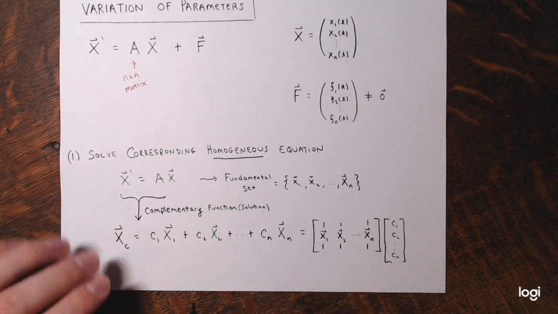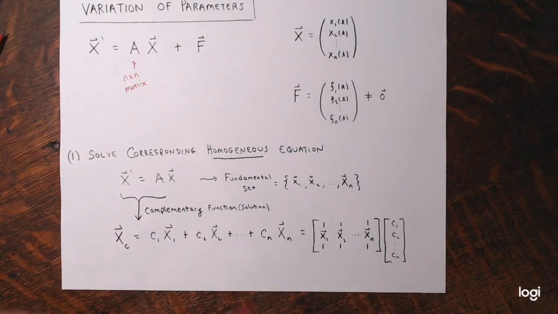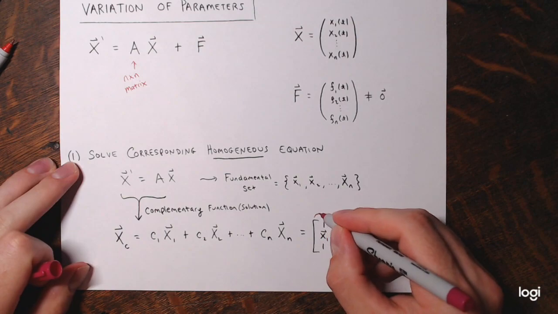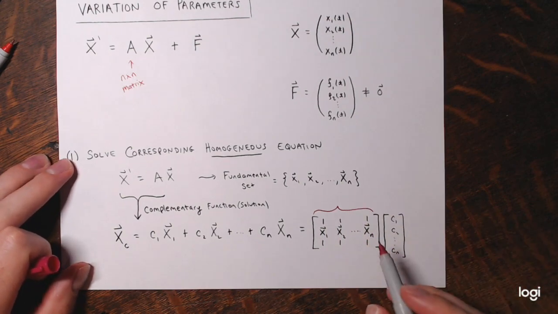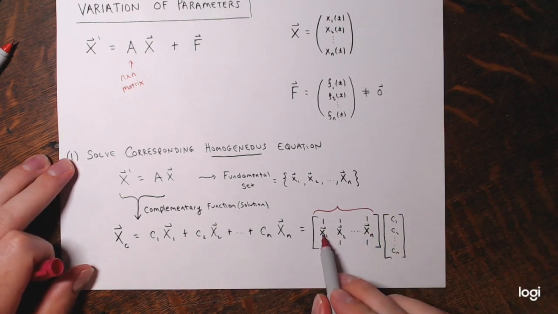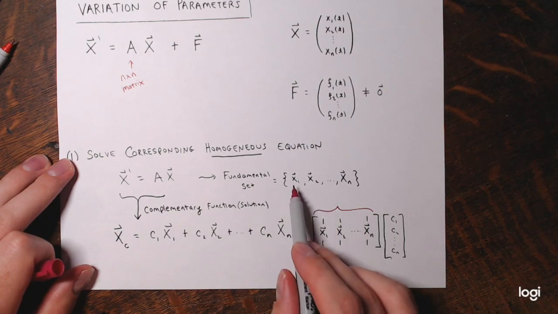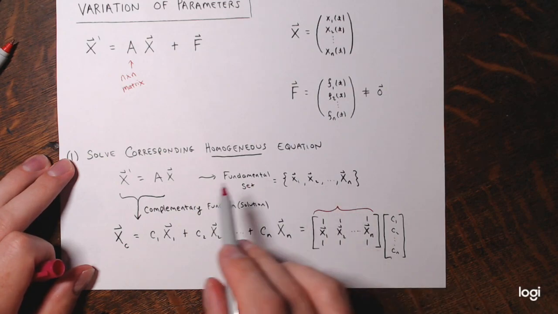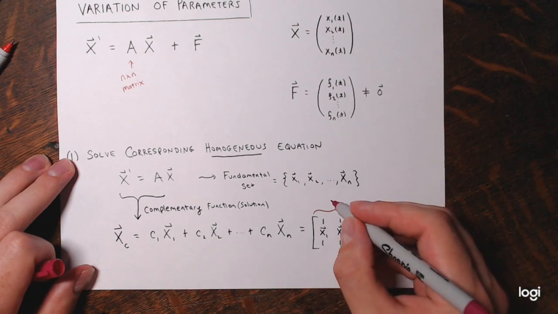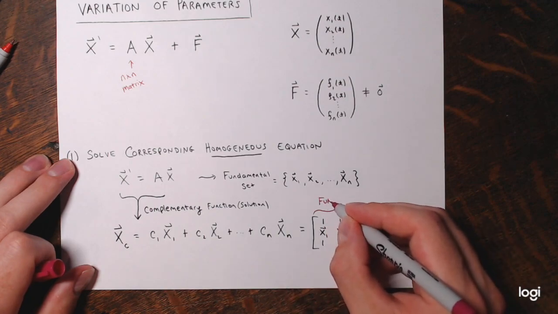Now this is given a name. This matrix, in which each column is one of the linearly independent solutions to the homogeneous system, is called the fundamental matrix.